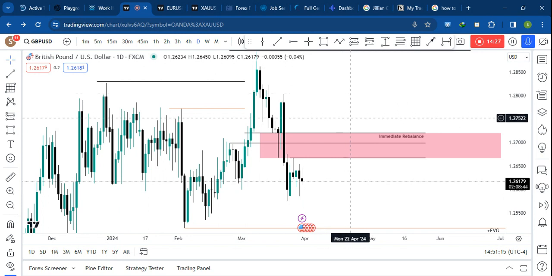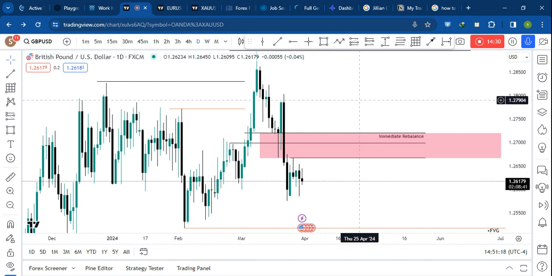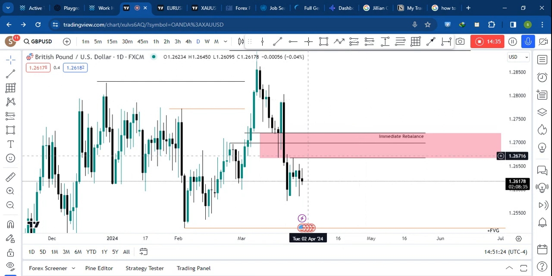According to my rules, an order block always forms with a valid imbalance. It has created a valid imbalance. So this is how I validate an order block. The first characteristics that I look for: first, does it have a fair value gap or an imbalance?